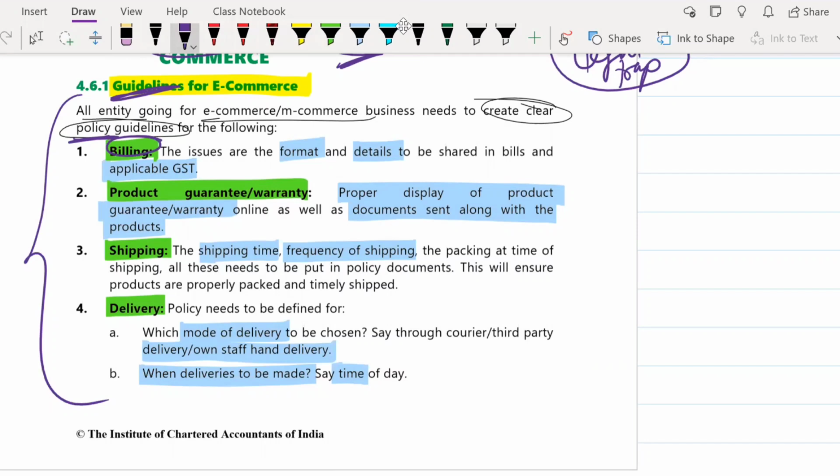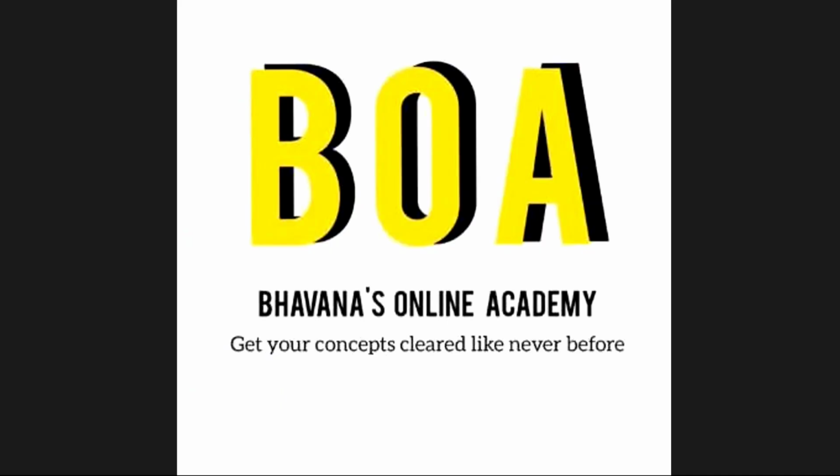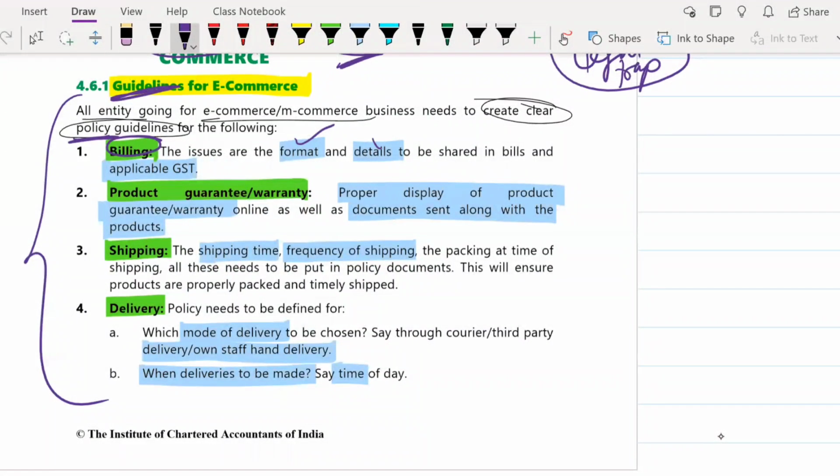Related to billing, you must have policies on the format of the bill, how it is framed, what text is given where, how much calculation is shown, what messages, numbers or branches are displayed. So a policy guideline on the bill format must be there. Next, the details to be displayed and the applicable GSTs must also be shown on a bill.